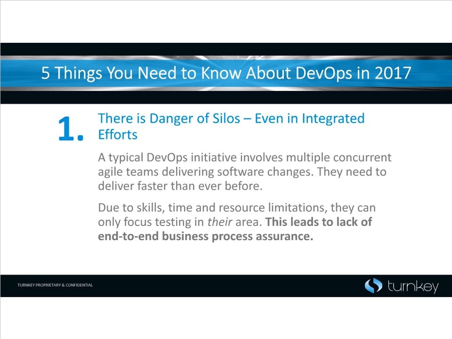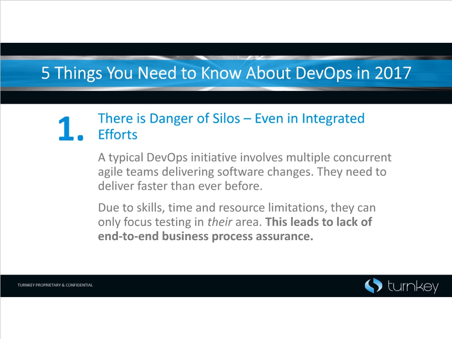However, due to a number of different factors, it might be skills, it might be time available of certain resources, or limitations of resource types, they only focus on the test part of their particular part of the process. And stitching those together and having it work from an end-to-end process perspective isn't a given.